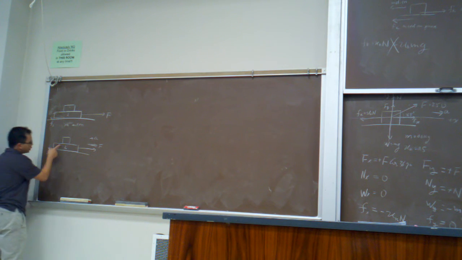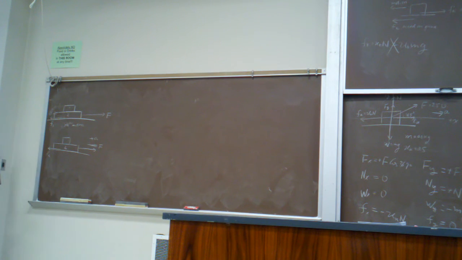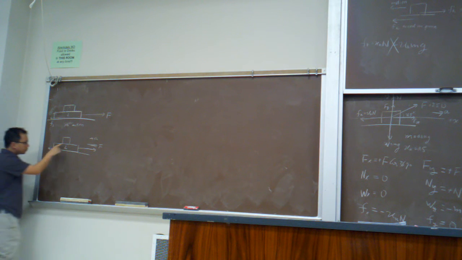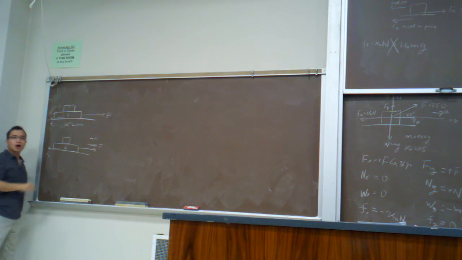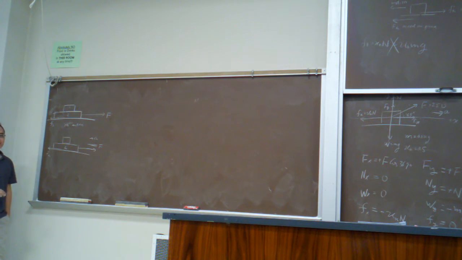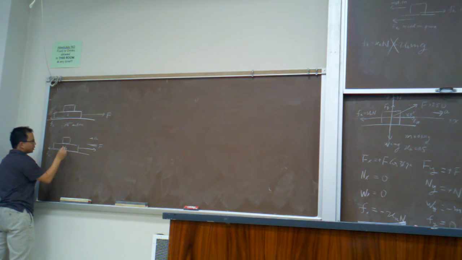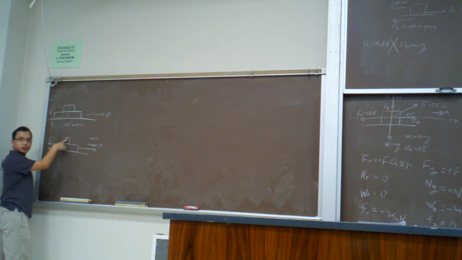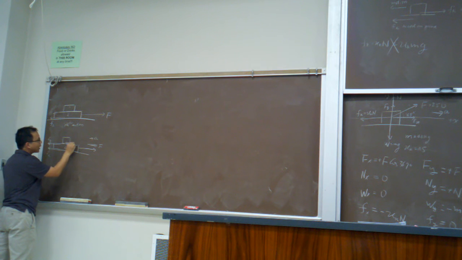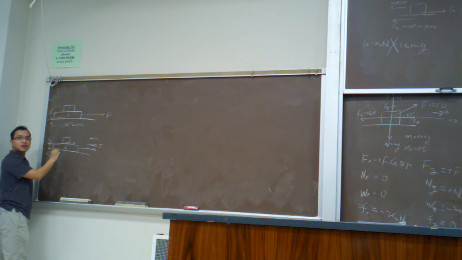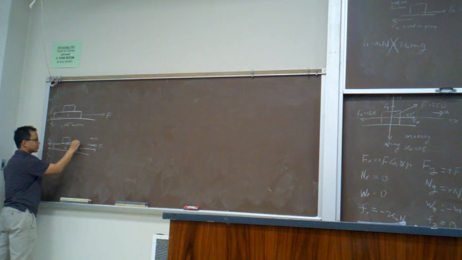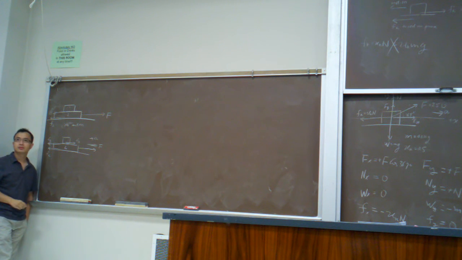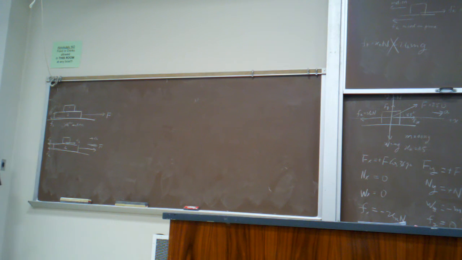And now, if you consider the interaction between the two objects, then in this case, there is a frictional force Fs acting on object 2 from object 1. And object 1 will feel some frictional force Fs to this direction. Okay?